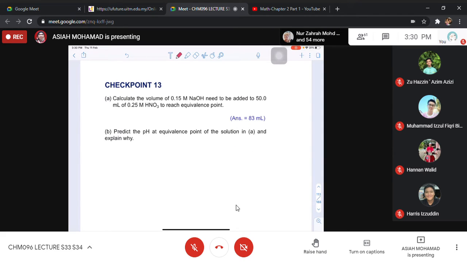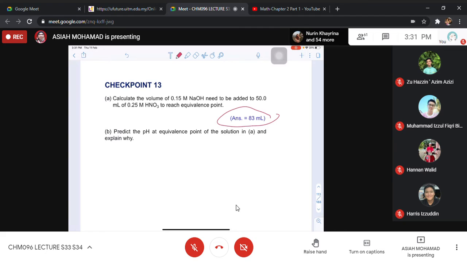Calculate the volume of 0.5 molar NaOH that needs to be added to 50 milliliter of 0.25 molar HNO3 to reach equivalent point. So just apply MAVA over MBVB, you will get this volume. Predict the pH at equivalent point of the solution in A and explain why.